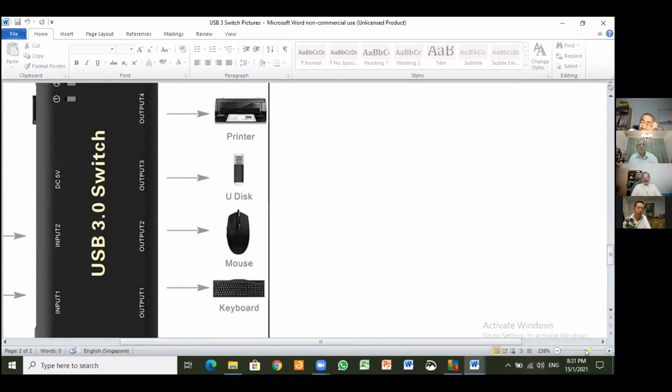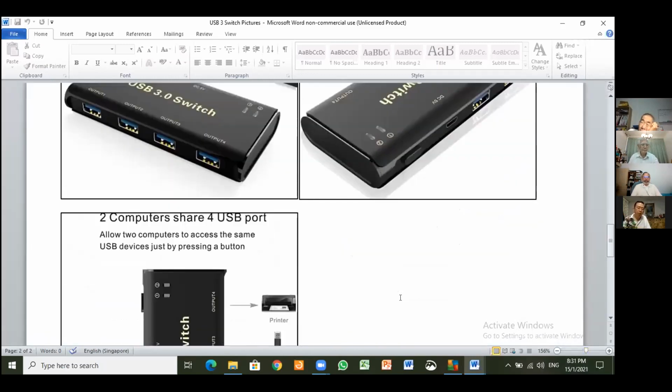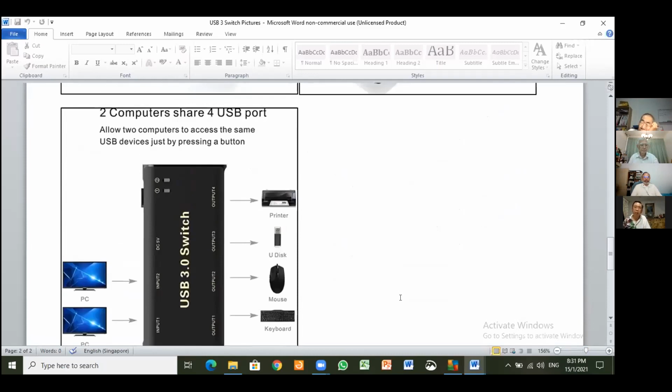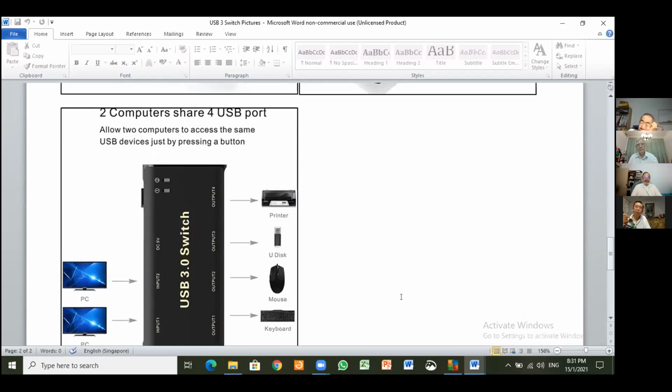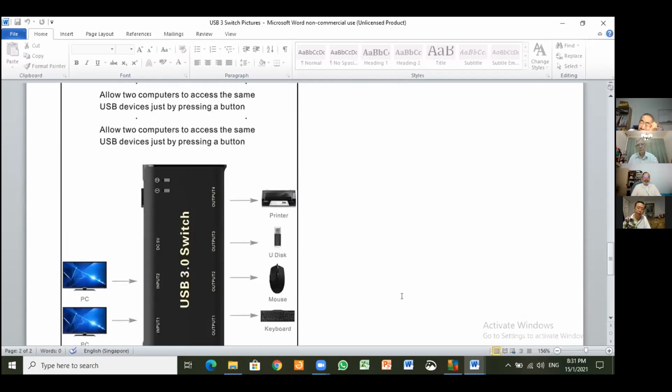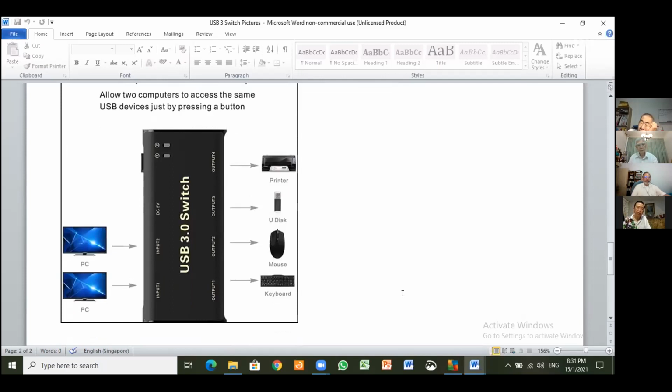Okay, this is the last one. This picture tells us that you can connect a printer, keyboard, whatever, and share it between these devices, something like a KVM. But if all of these are USB, you can do that with this instead of a device called a KVM switch.